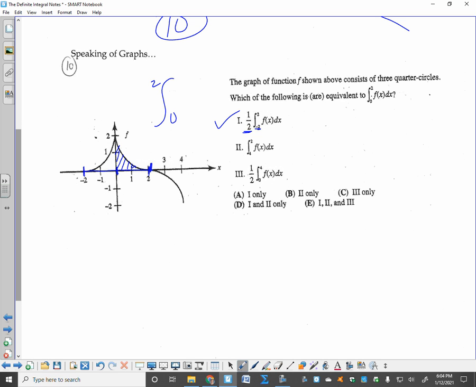Because here's the area from negative 2 to 2. So if I go from 0 to 2, and if I go from negative 2 to 2, it would double that area. So if we halved it, yes, absolutely. So I like 1. Okay, now it wants from 4 to 2. Okay, so that's backwards. That's backwards, so it needs to be negative.